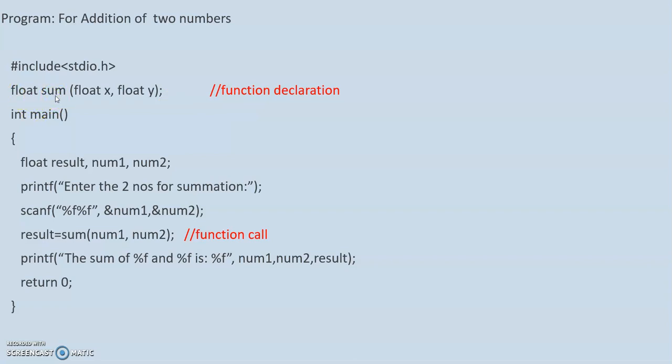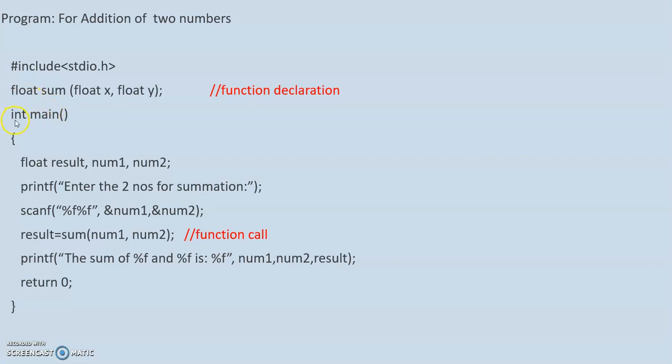What is sum? It is the function name. And what are the parameters? They are x and y. What are the types of the parameters? They are float type. This declares that the function named sum is written somewhere after the main function.